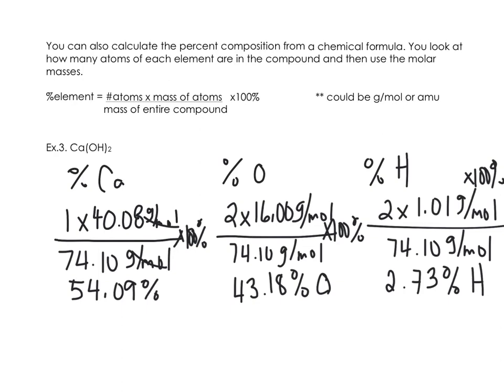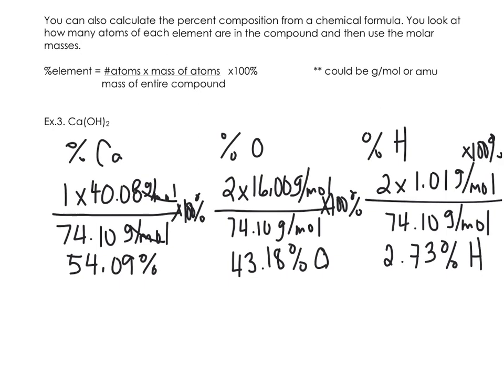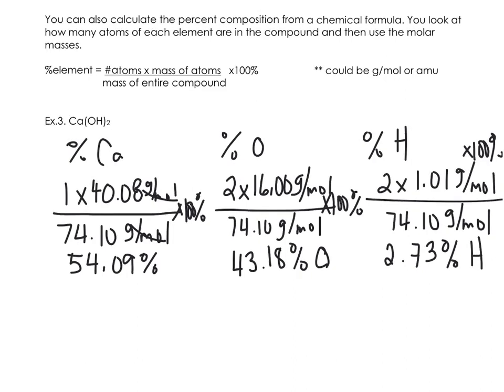So these should add up to 100%, give or take, because I've rounded these numbers down. So 2.73 plus 43.18 plus 54.09. And this is equal to 100%. It's always good to double check, just in case you've made an error somewhere.